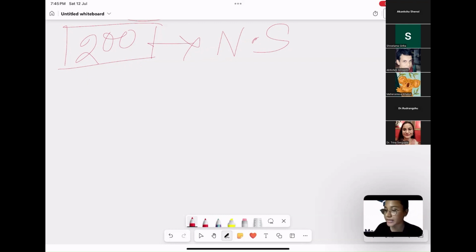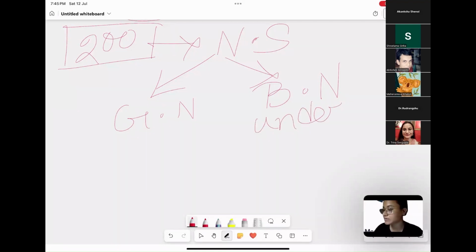So after measuring that, there will be a few students who have good nutrition, and a few students who have bad nutrition. Suppose good nutrition means normal nutrition, and people who are suffering from undernourishment or overnourishment or overweight or obesity, these are the bad nutrition.